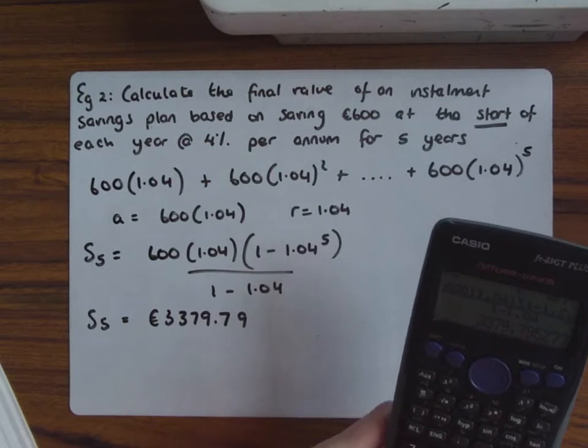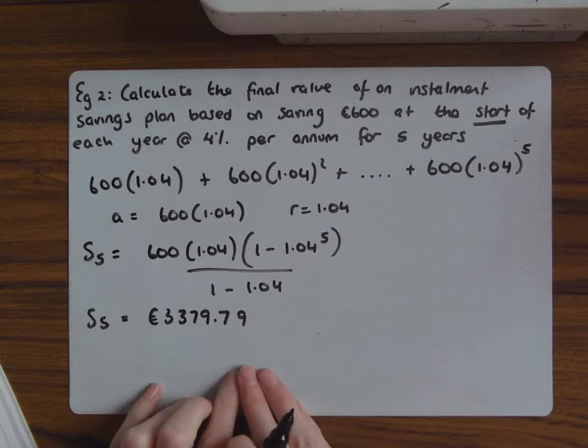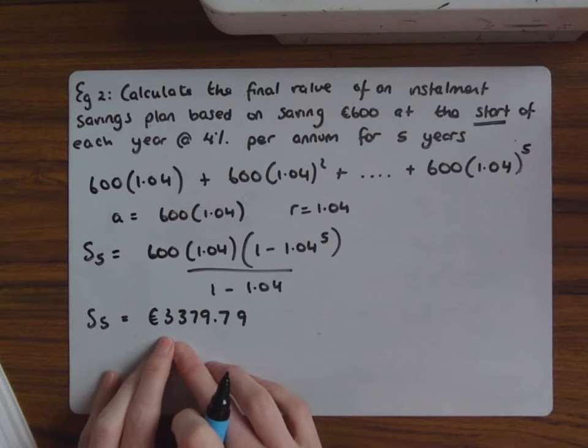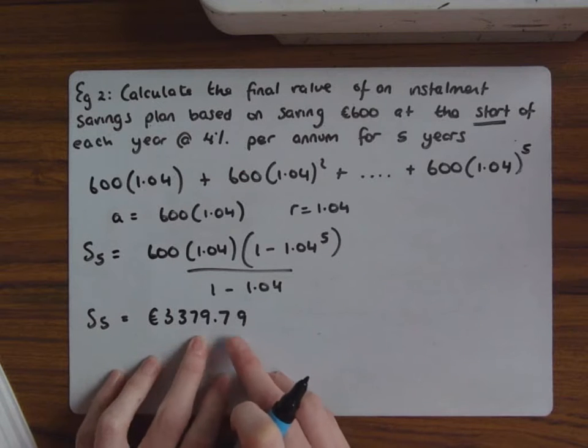Yeah, 3379.79. That's perfect. So that's part 1. I'm saving 600 each year, and it's going to earn interest each year, so I'll end up with 3,379.79.